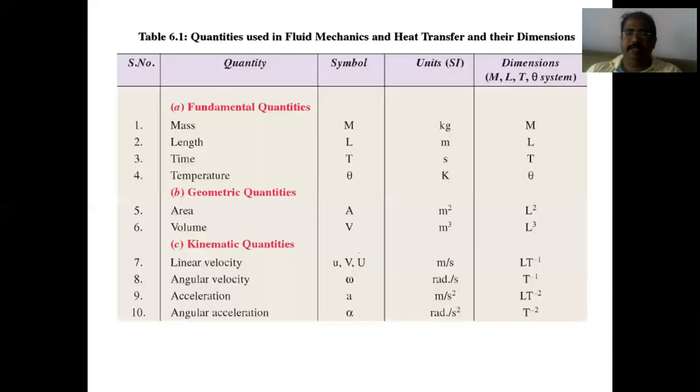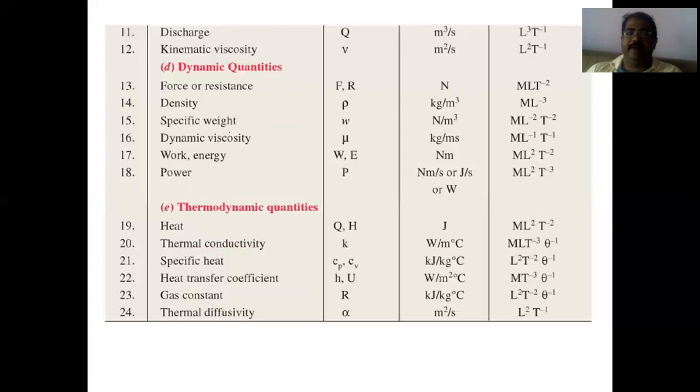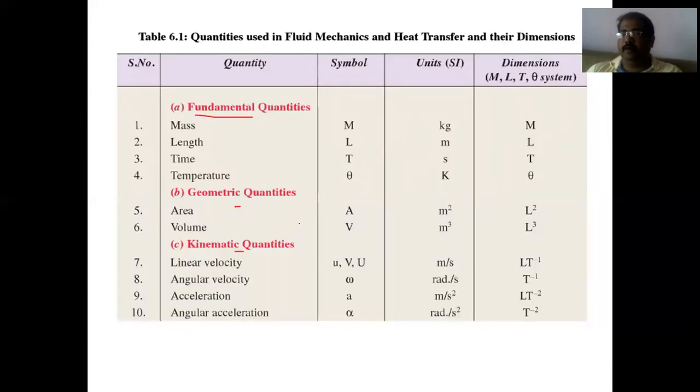Okay, so these are the fundamental units and derived units which you have to learn very carefully, because many times you will observe questions on what the fundamental quantities are, what the geometrical quantities are, then kinematic quantities, then dynamic quantities, and lastly thermodynamic quantities. That's why you have to learn carefully about these quantities.